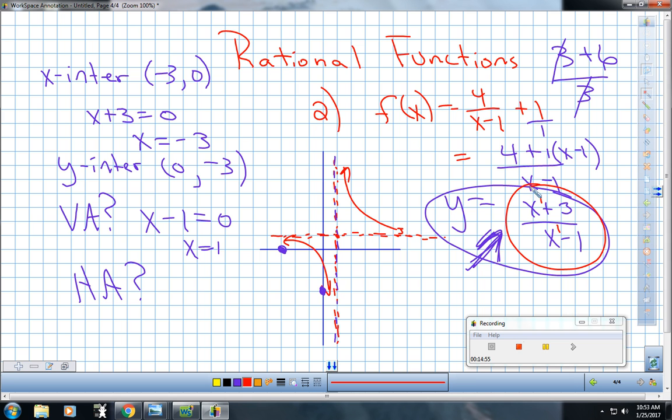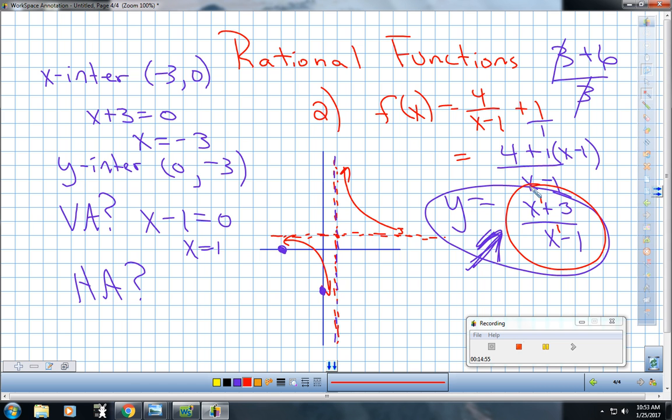this term and this term are going to dominate the function. Like when you start putting in like a million, is this plus 1 or minus 1 going to have any relevance to the value of the function? No. Okay? So you compare the degree in the numerator with the degree in the denominator. So it's x over x. Well, does it matter how big the number is if you're saying x over x?